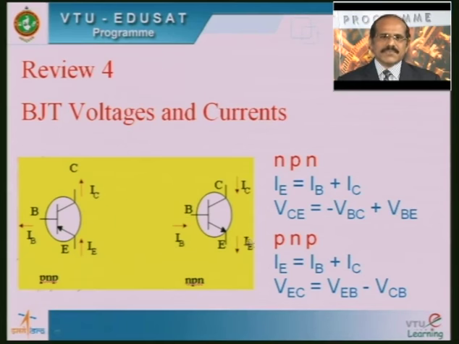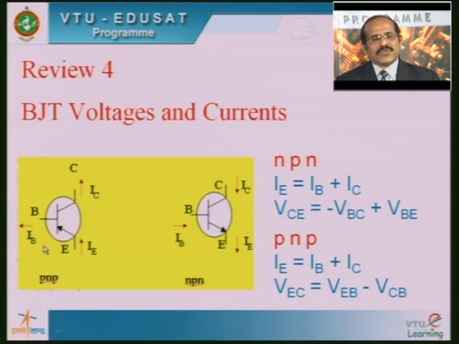Also, in the symbol, the arrow represents the emitter. In the PNP symbol the arrow is over here, so this terminal represents the emitter, and in the NPN transistor this terminal has the arrow, so this terminal is called the emitter.